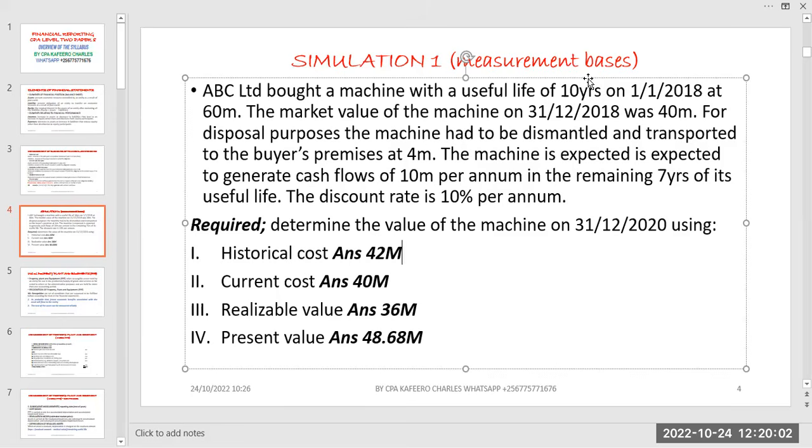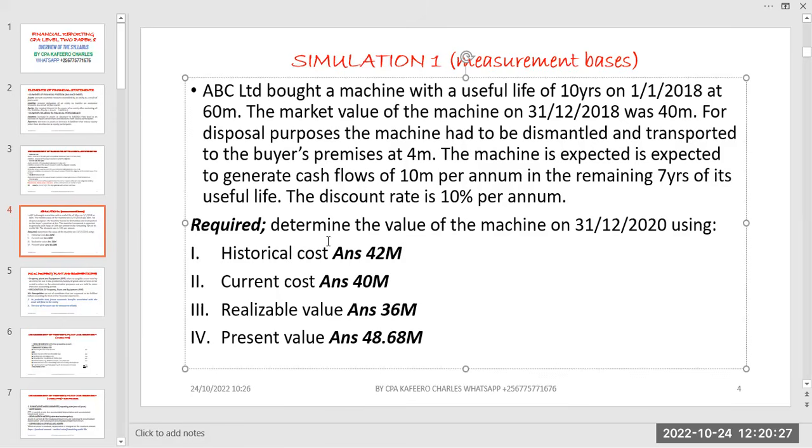But remember, by this time there are some years which have gone. That's why they are saying we are going to be receiving this 10 million per annum in the remaining 7 years, meaning we had already spent 3 years of the useful life of the asset. Then they have given us the discounting factor as 10% per annum.